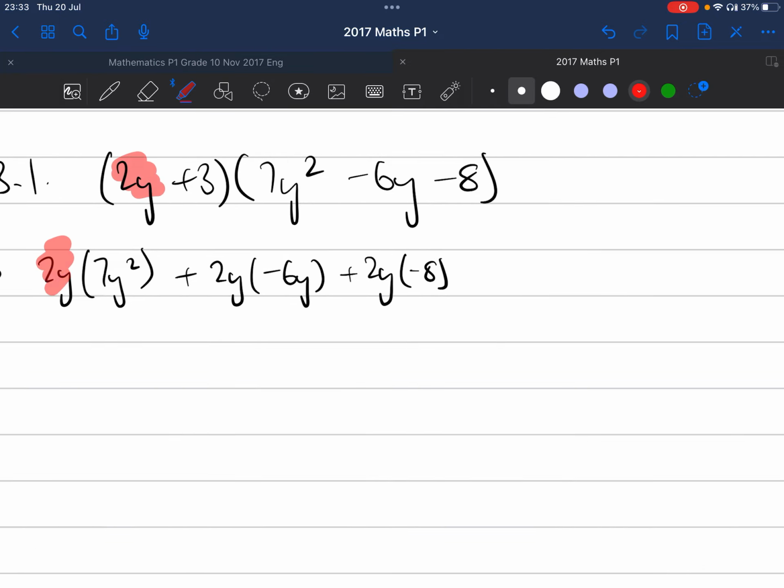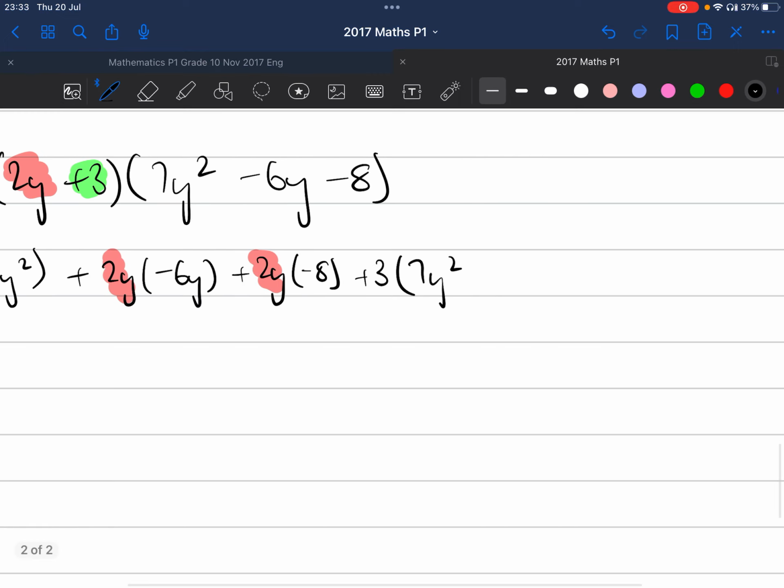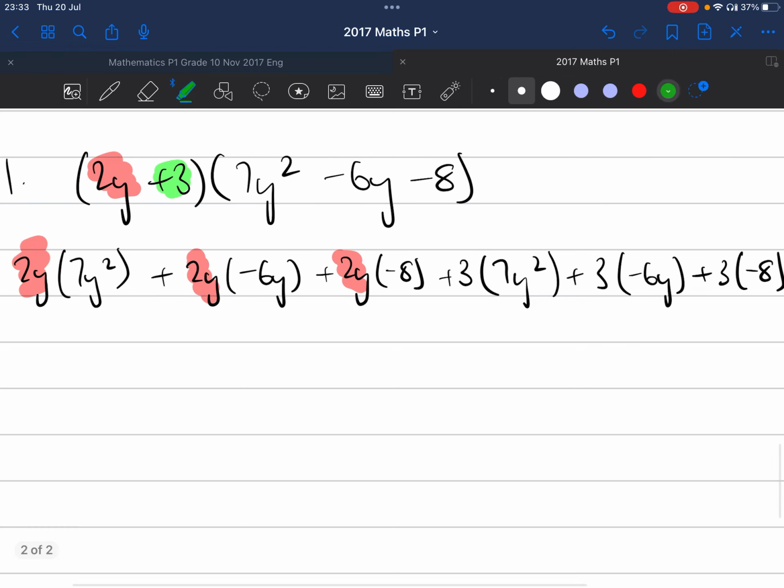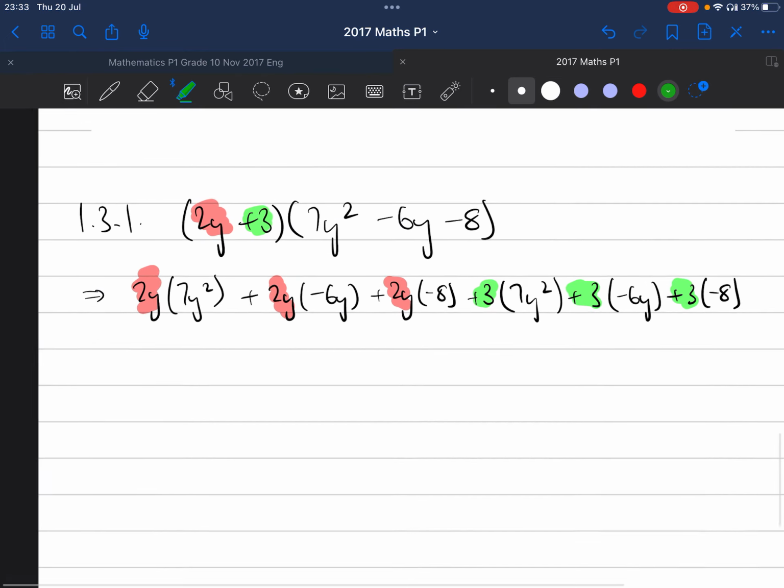You can see we multiplied it by each term in the trinomial. And now we can multiply plus 3 by everything. So plus 3 times 7y squared plus 3 times minus 6y plus 3 times minus 8.